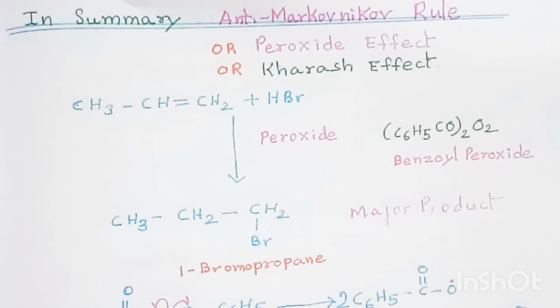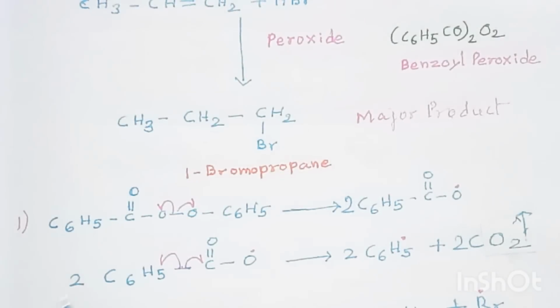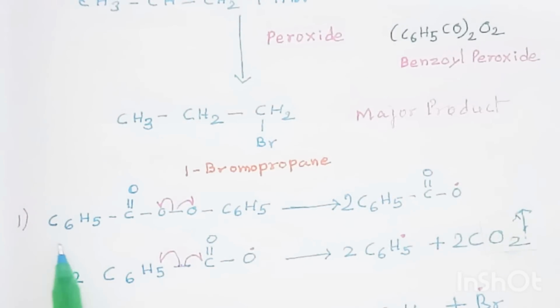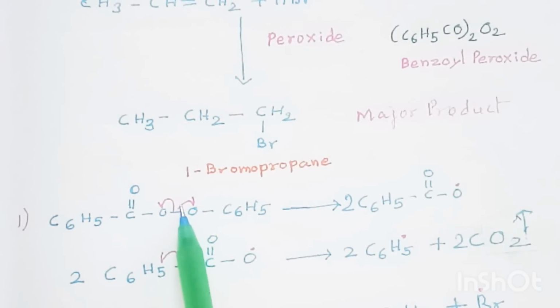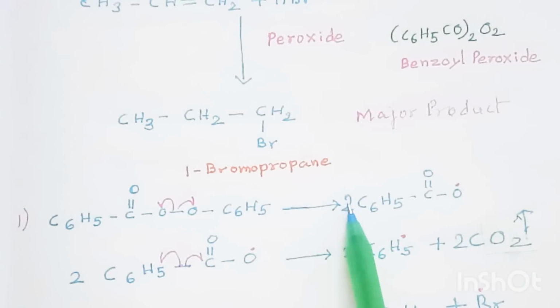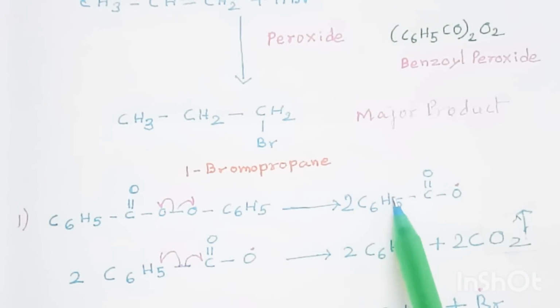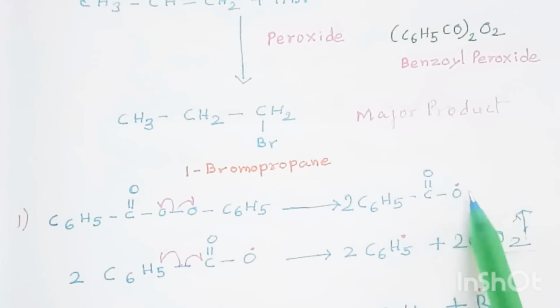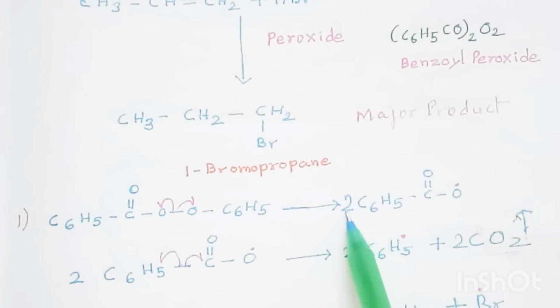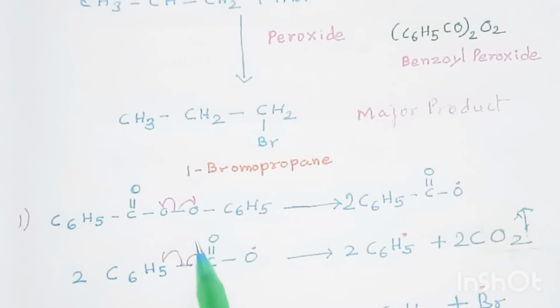Now the mechanism, as I have already told, goes like this. First, the peroxide will undergo homolytic cleavage of the oxygen-oxygen bond, as a result of which we get two free radicals, C6H5C=O radical, two such radicals.